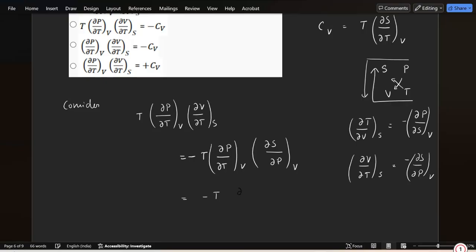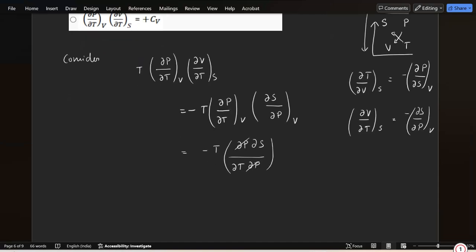Del P del S divided by del T del P, so I can just do this. Minus T, of course at constant volume, del S by del T at constant volume.